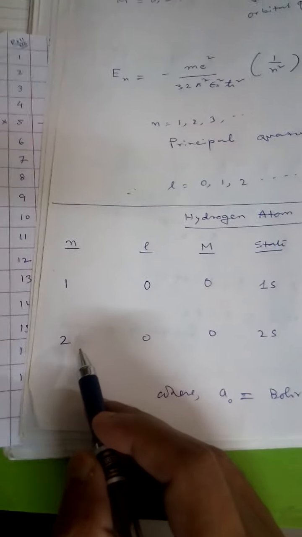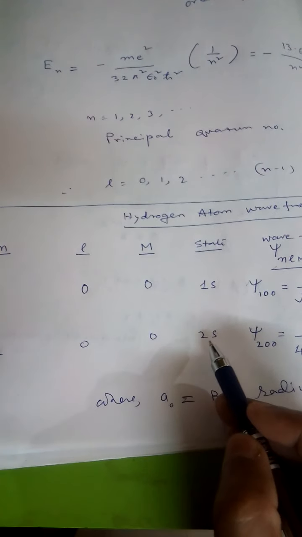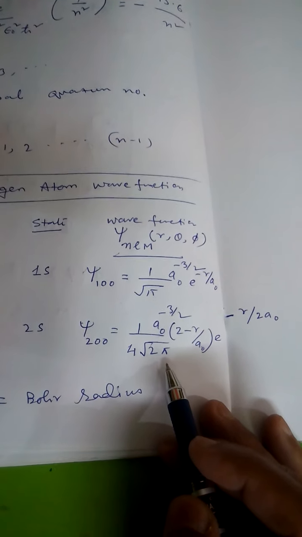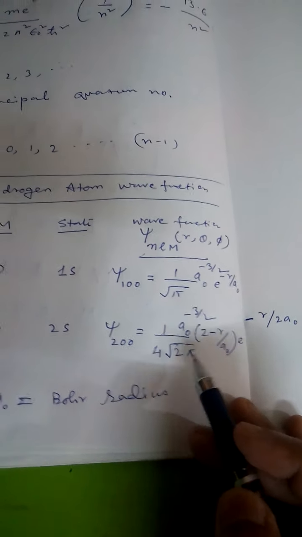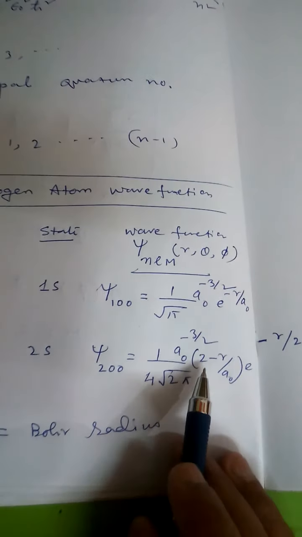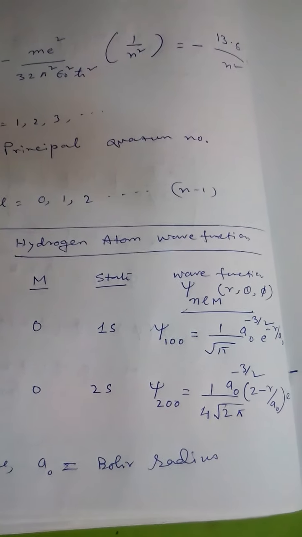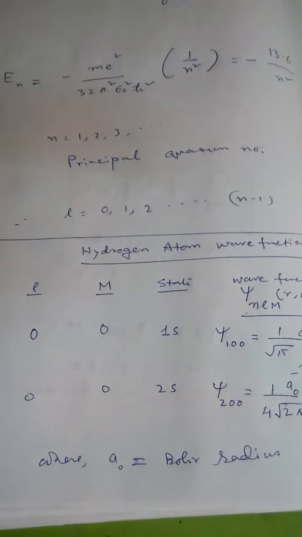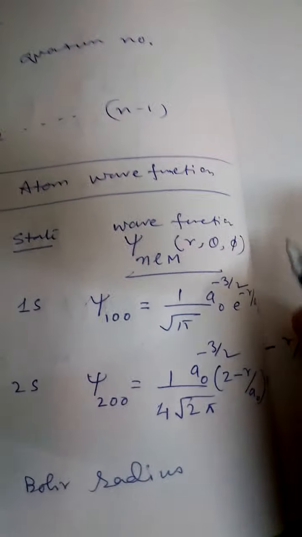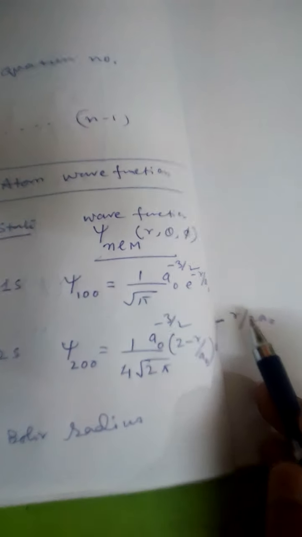Okay. Similarly, if we consider n equals 2, L equals 0, m equals 0, this is referred to as the 2s state, and psi 200 takes the form 1 by root 2 pi, under square root, a naught to the power minus 3 by 2, 2 minus r by a naught, into e to the power minus r by 2a naught.